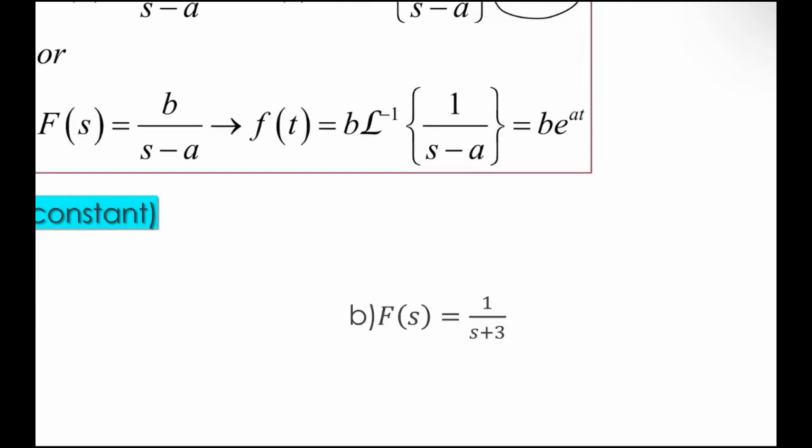B, F(s) equal to 1 over s plus 3. So inverse Laplace of 1 over s plus 3 is equal to e^(-3t), by looking at the table.